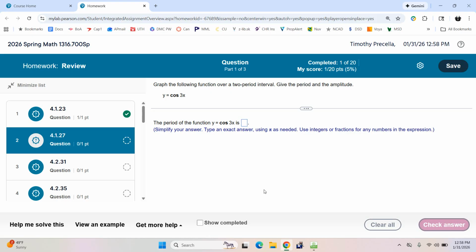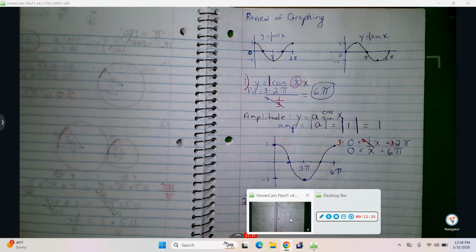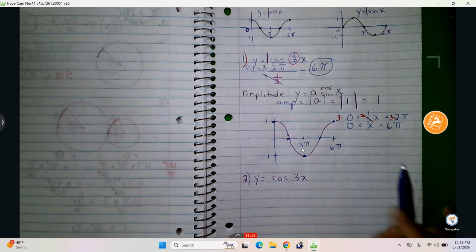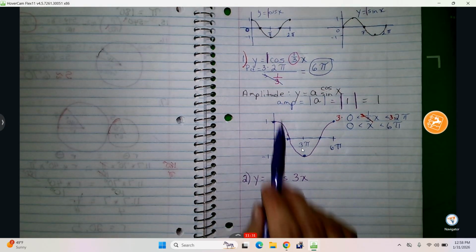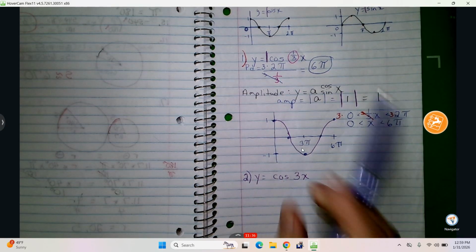Y equals cosine 3x. It's the same instructions as the other ones. Find the period and amplitude and graph it. It might say graph it over 2 periods, but I'll just graph it over 1. So the period and amplitude, this one's a little bit nicer than the first one because that coefficient of x is not a fraction.